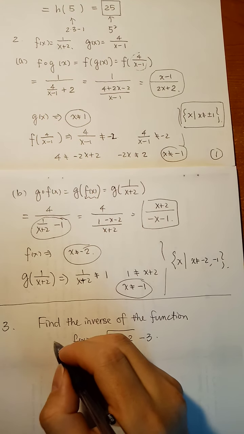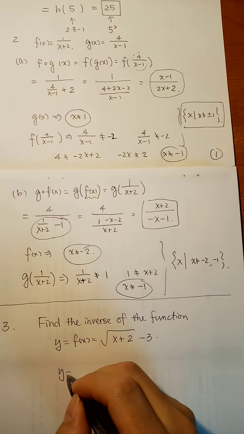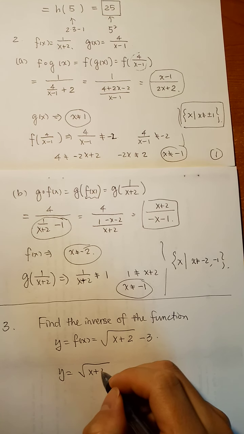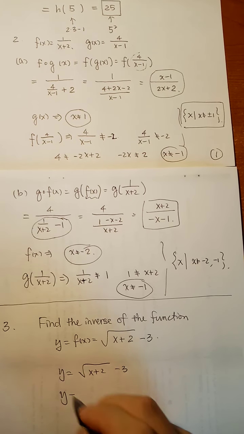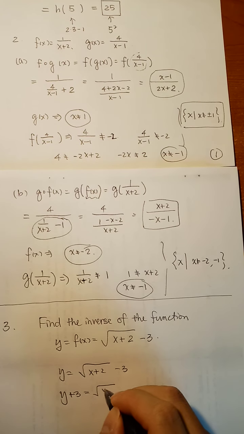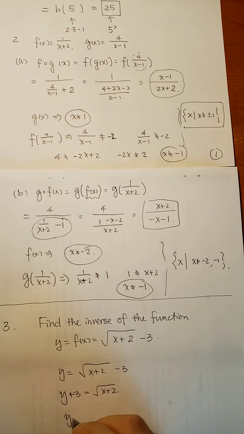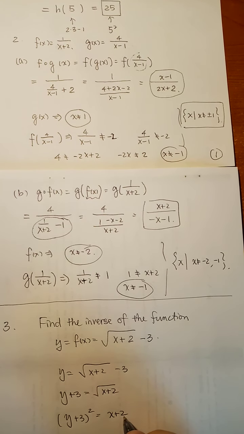So you put this as y. So y is square root of x plus 2 minus 3. We're going to solve for x in terms of y. So move 3 to the other side. Square both sides. And move the 2 to the other side.